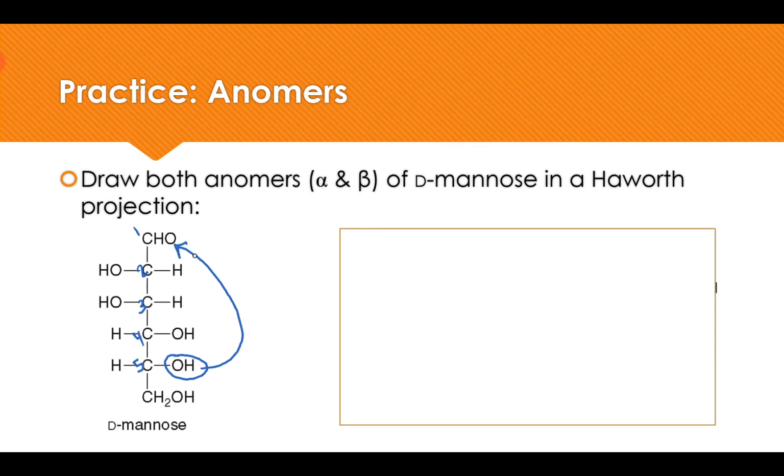We said the first thing to do was to lay this molecule flat. I'm just going to turn my head sideways so that I'm going to make all of these facing down. And those are going to face up.